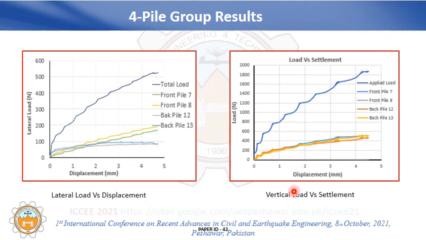In the vertical load versus displacement curve, all the piles take the same load till about 2 mm displacement, but after that there is tilting. Due to these tilts, the piles which have settled more take more load, while the other piles take less load.